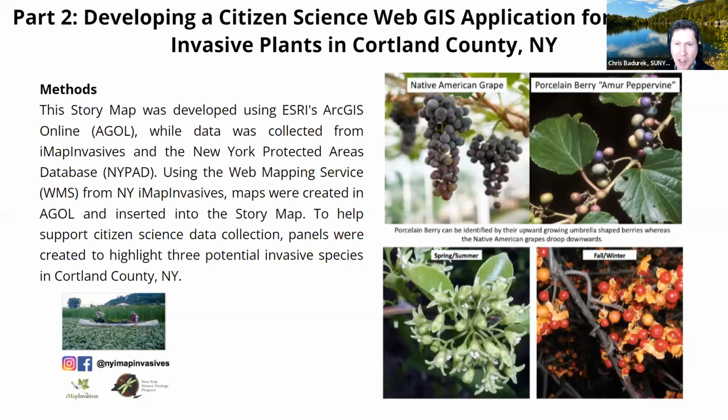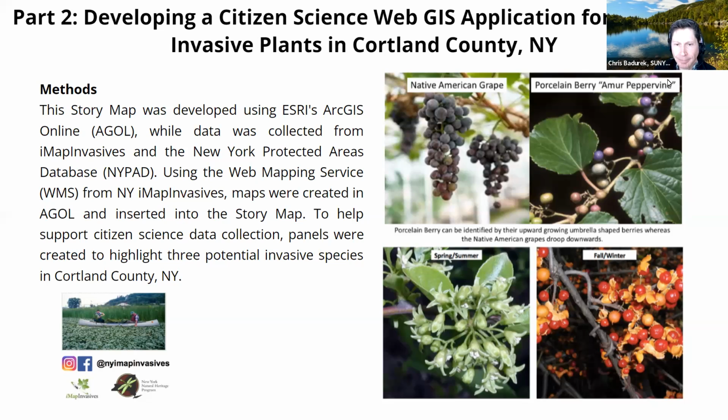The ones we were talking about here are porcelain berry, for example, and this is often misidentified, right? So the web GIS application here was to link together to the iMap Invasives data set, but also to inform citizen scientists about recognizing the differences and how to report them.